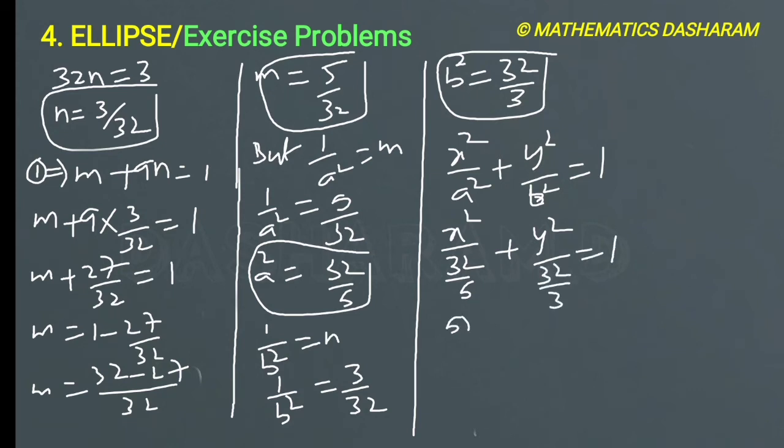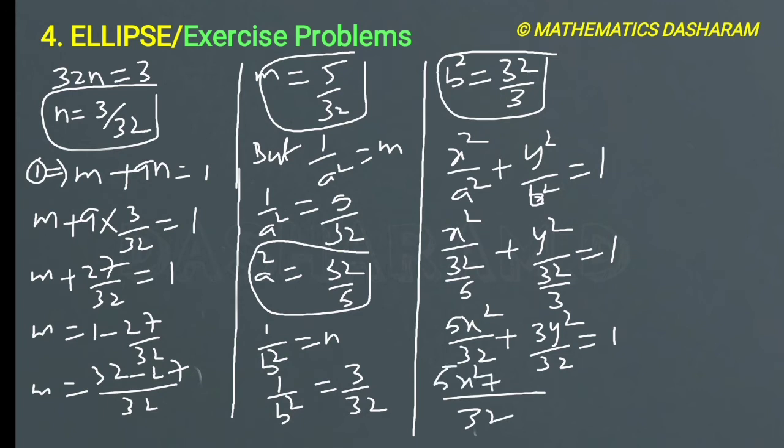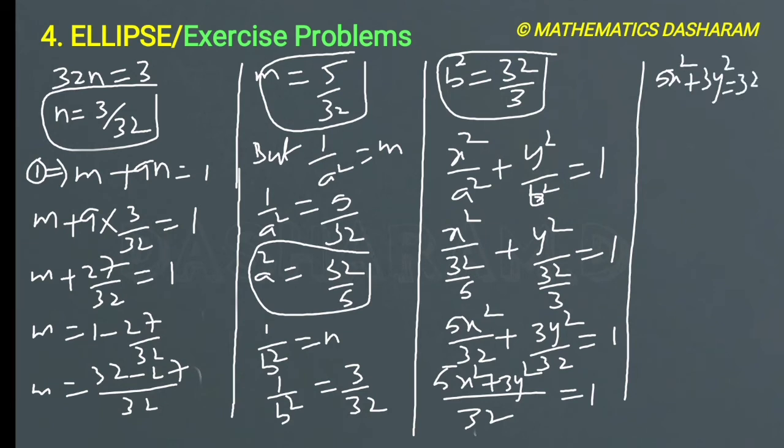So here 5x square divided by 32 plus 3y square divided by 32 equals to 1. Here denominators are same, then add the numerators as it is, equals to 1. Now 32 transpose to RHS side. 5x square plus 3y square equals to 32 is our required equation of an ellipse.